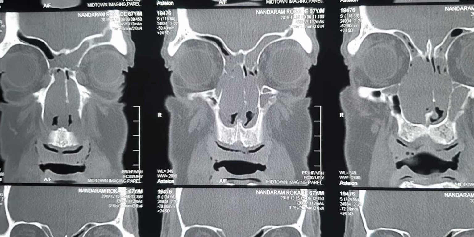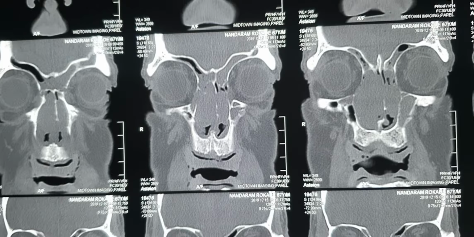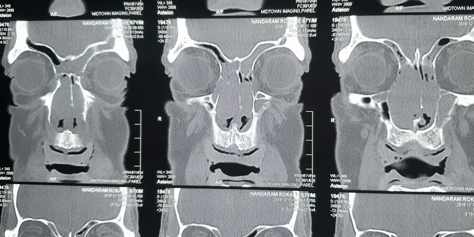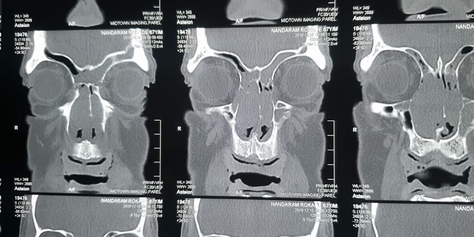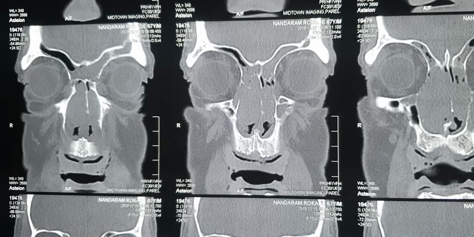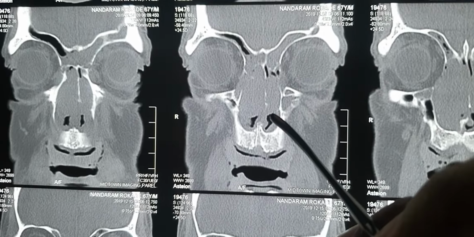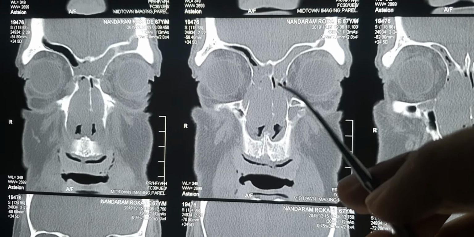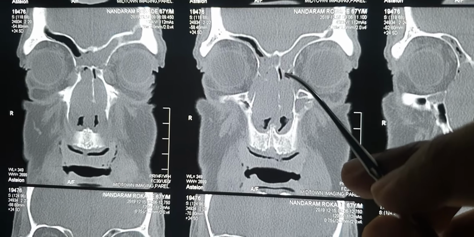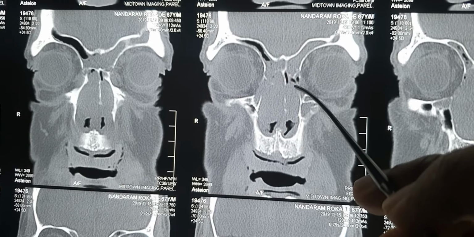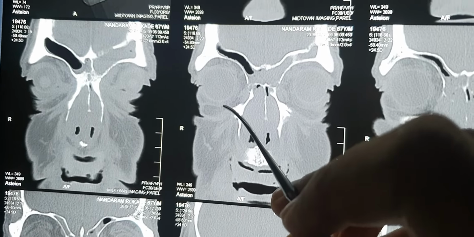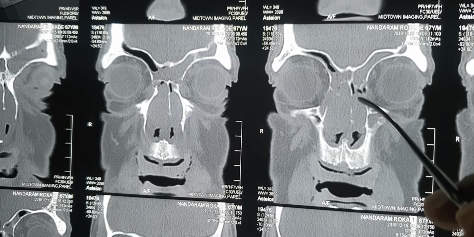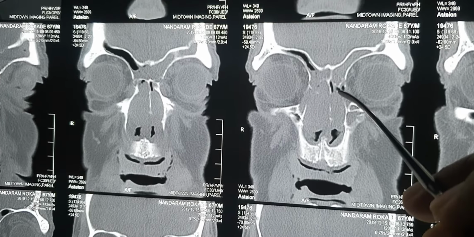Now, what is agger nasi? Agger nasi is basically nothing but a pneumatized anterior ethmoidal cell pneumatizing the lacrimal bone. So in the area of the nasolacrimal duct system, the very first pneumatization, the very first cell you see in this region following the frontal process of the maxilla posteriorly, that's the agger nasi cell.